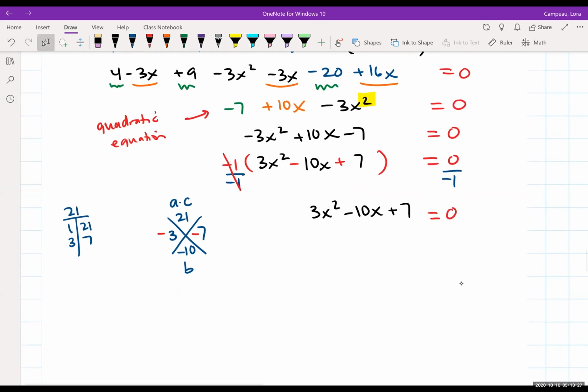What we want to be careful about is that our leading coefficient, or the coefficient of the x squared term, is not equal to 1. So our a is not equal to 1, it's actually equal to 3. So when we choose our factors, negative 3 and negative 7, we have to divide by a.